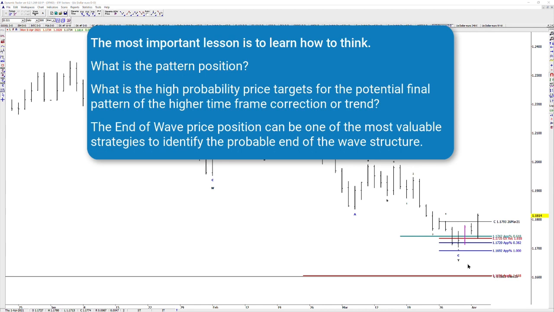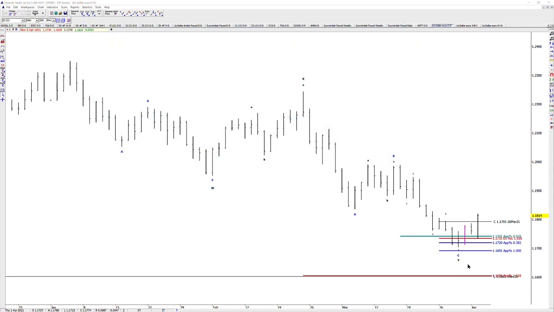Think logically, keep it relatively simple, and I think you'll find using price relationships and probable pattern position will be really, really valuable to you for every market and every time frame.